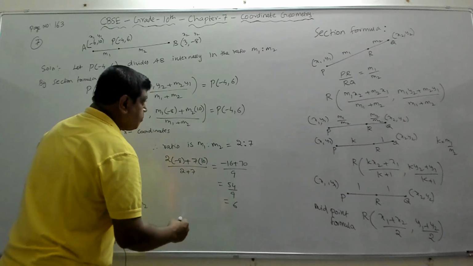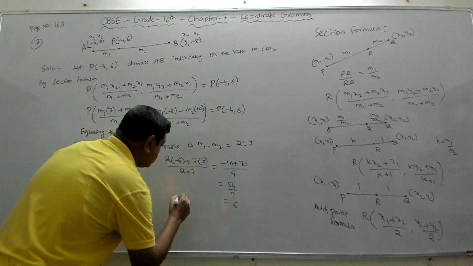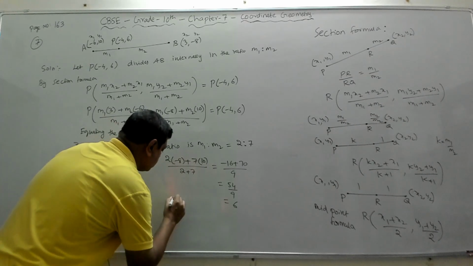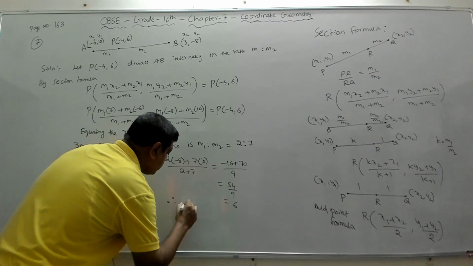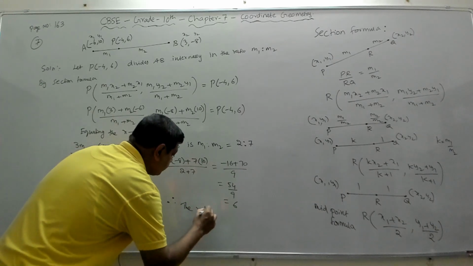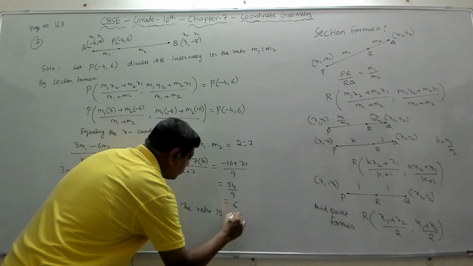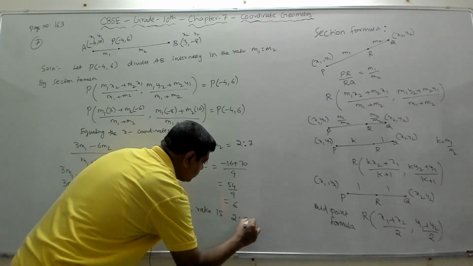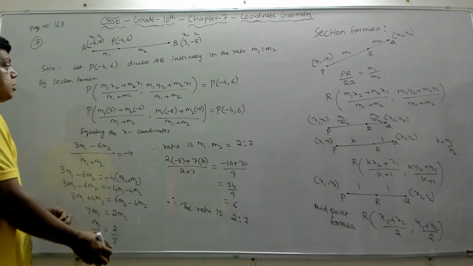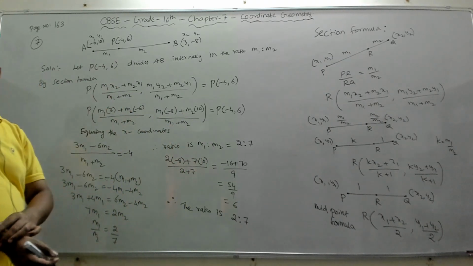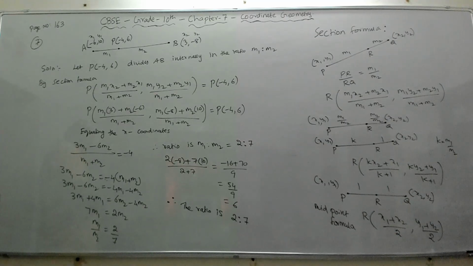So, therefore, the ratio is 2:7, which means P divides AB internally in the ratio 2:7.